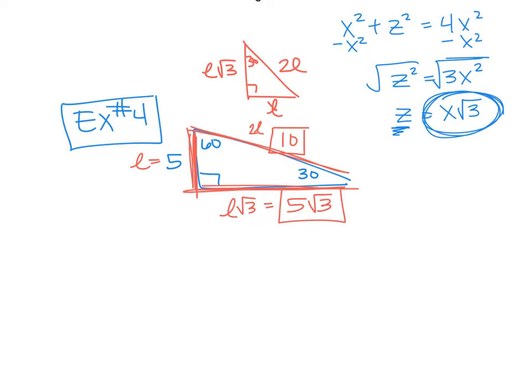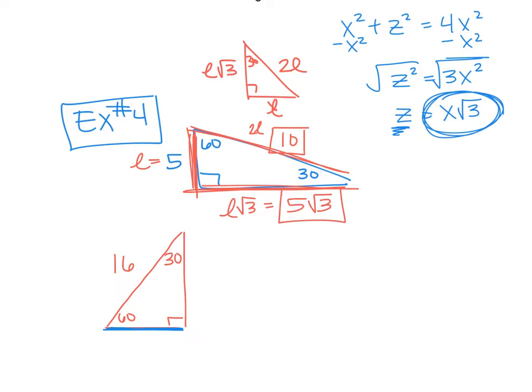What if you're given a hypotenuse instead? So here's a 30, 60, and 90. And I tell you that this side is 16. Can you tell me my blue line here, the one across from the 30?